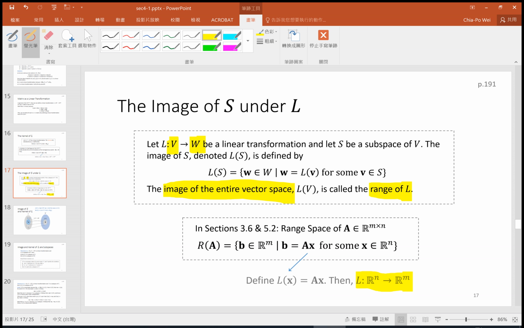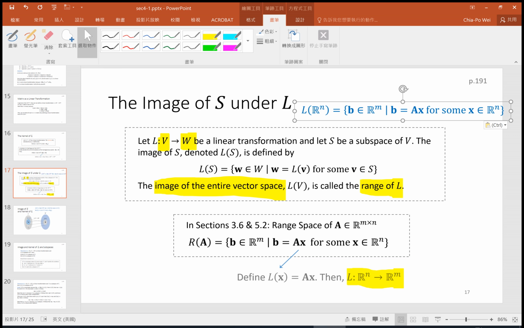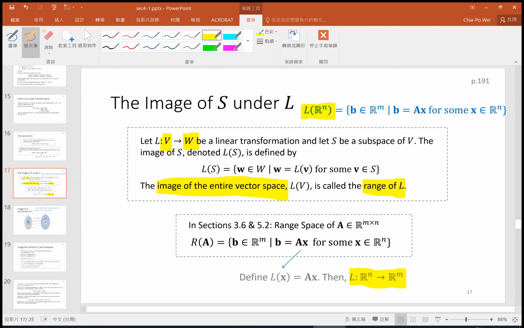That is the image of V, or the image of R^n. So the range of L is L of R^n, which is the set of all vectors b in R^m such that b equals Ax for some x in R^n.